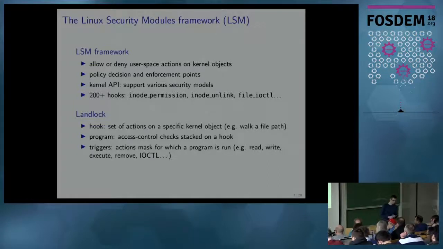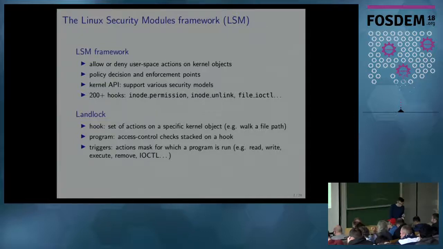They are designed to check some access related to a specific Landlock hook. And triggers are means to restrict the way, to only run this program when they are designed to be run. For example, to only check read, write, or IOCTL actions, and so on.